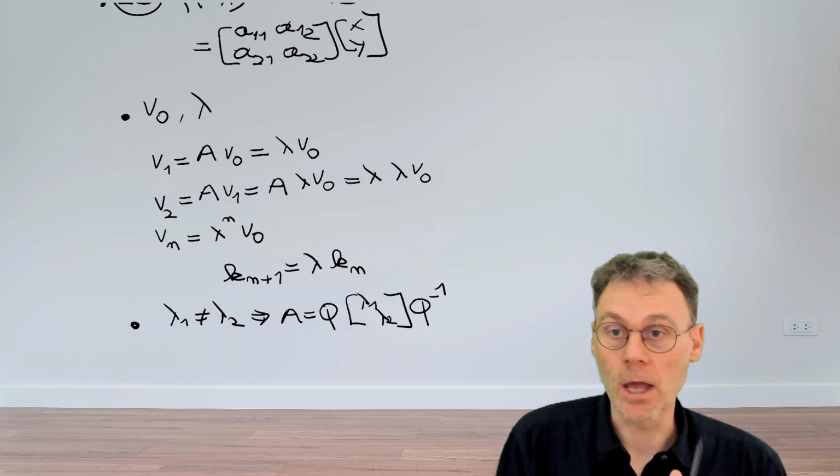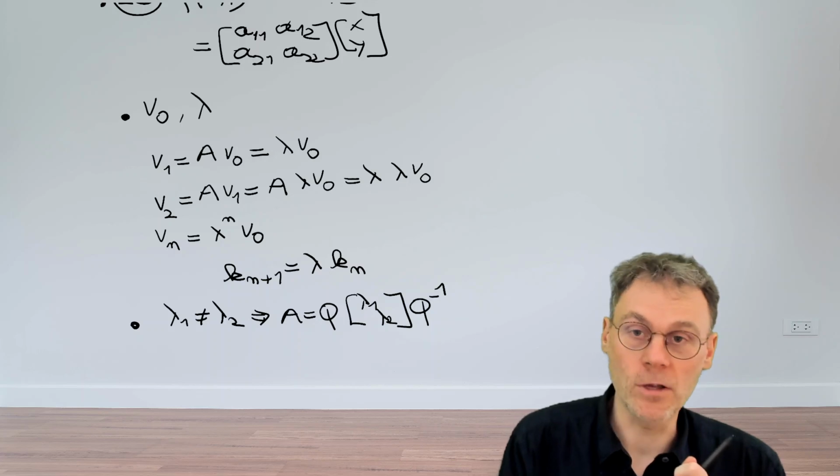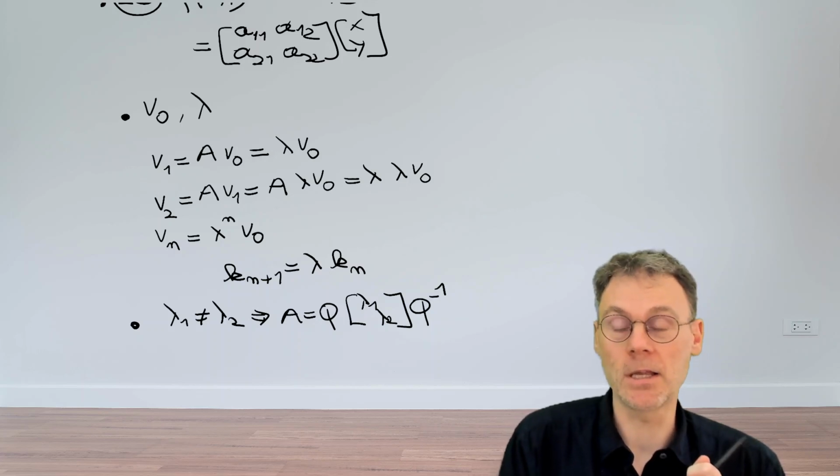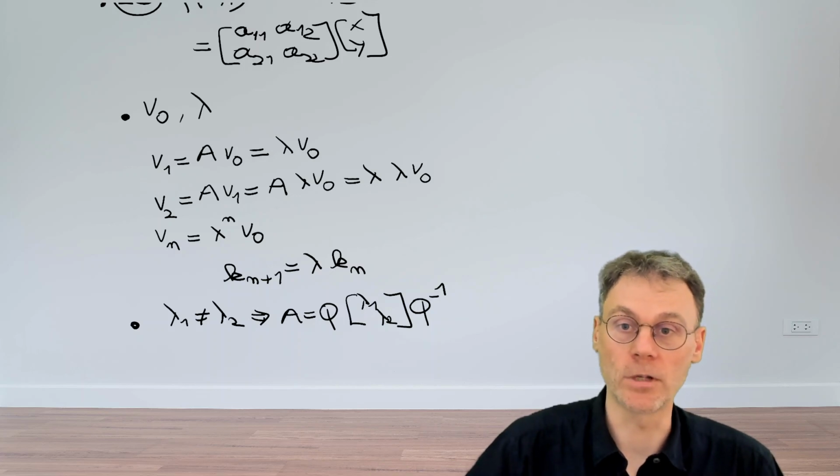Okay, so if we are in a situation like this, can you now pause the video and calculate explicitly the orbits of a general arbitrary initial condition for this map.